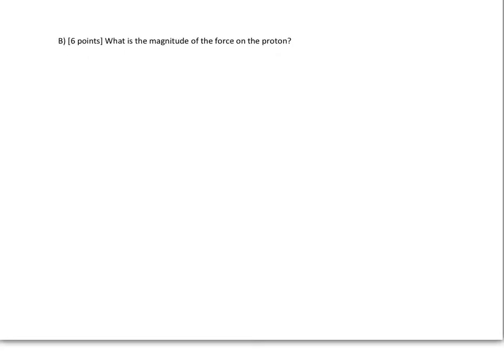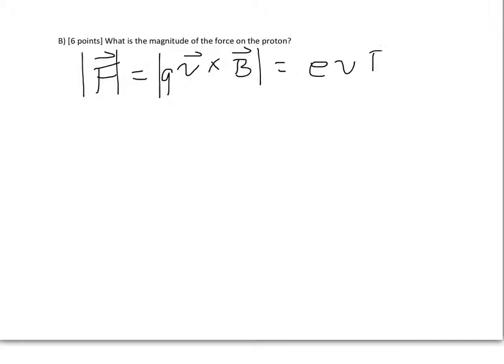Next problem. What is the magnitude of the force on the proton? Now there are different ways to solve this problem. What I used is the formula for the magnetic force, and since the velocity and the magnetic field are perpendicular, this just reduces to this formula right here.